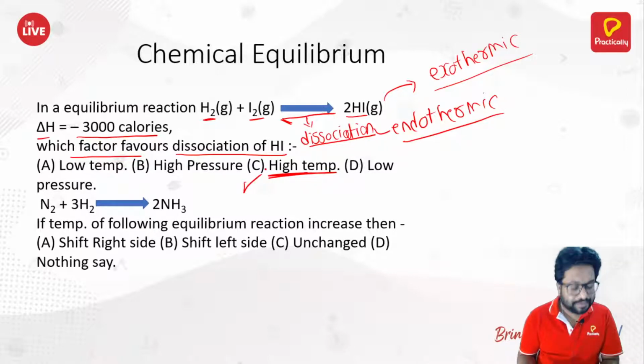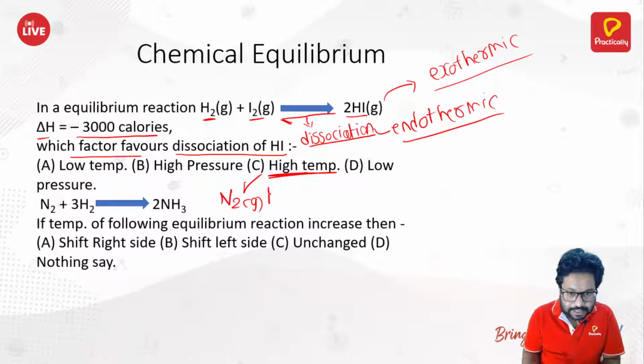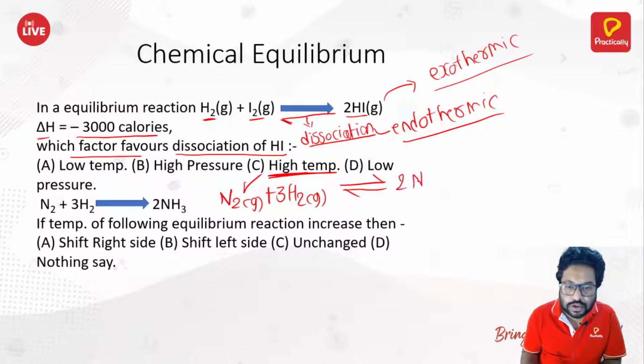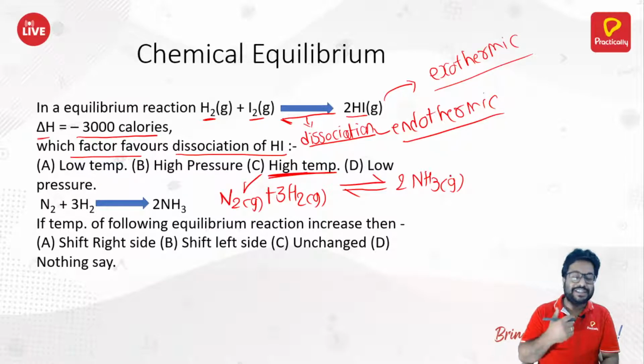Okay. So next question. N2 reacting with hydrogen, this is in the gaseous phase. This is also in the gaseous phase. Both of them are reacting like this to give you 2 moles of ammonia, which is also in the gaseous phase.